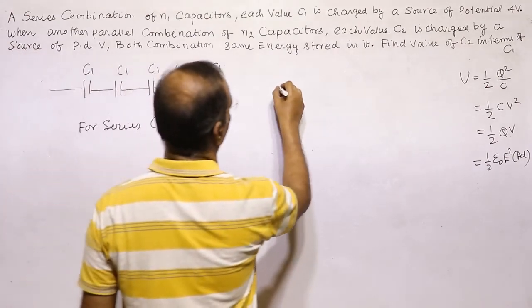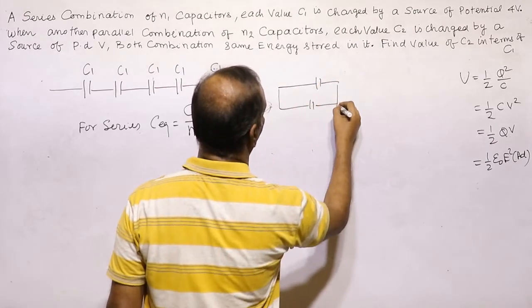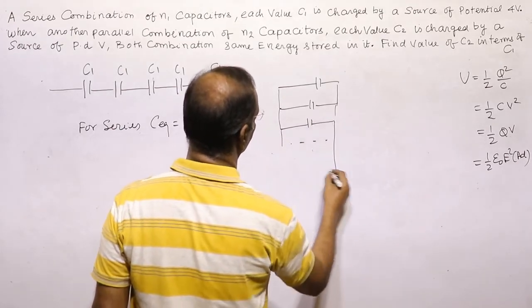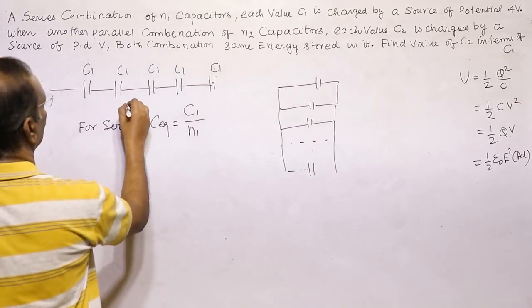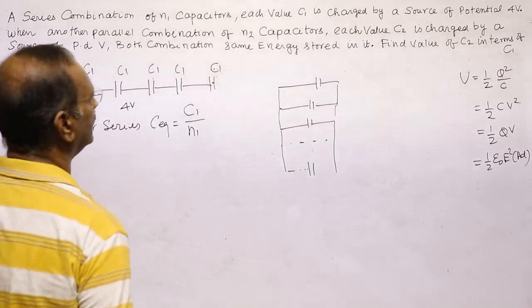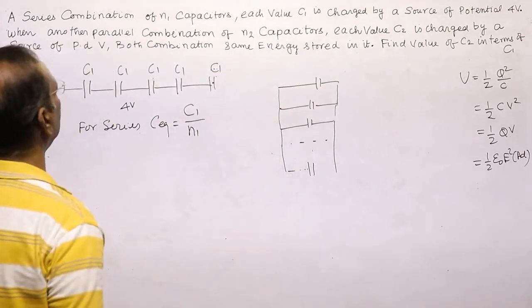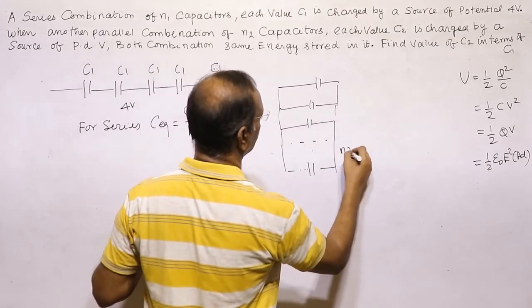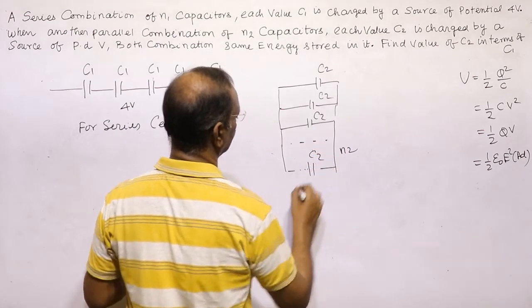Now the parallel capacitors. The N1 series capacitors are connected to a 4 volt potential source, and there is another parallel combination of N2 capacitors, each having value C2, C2, C2 up to C2.